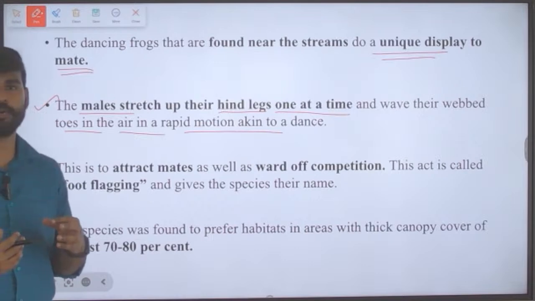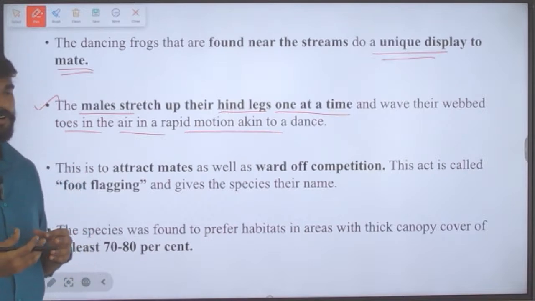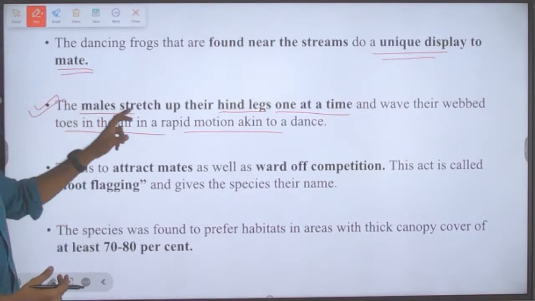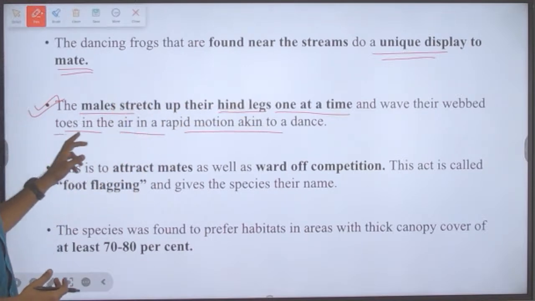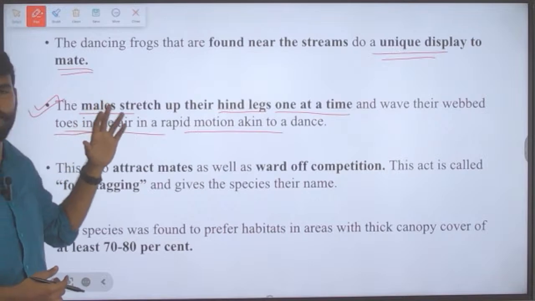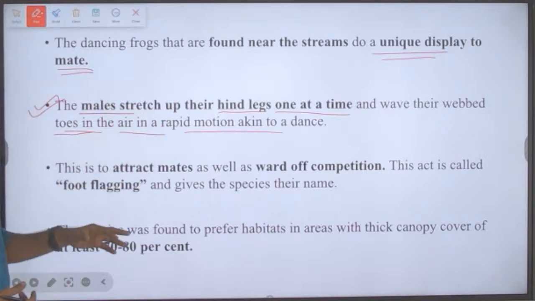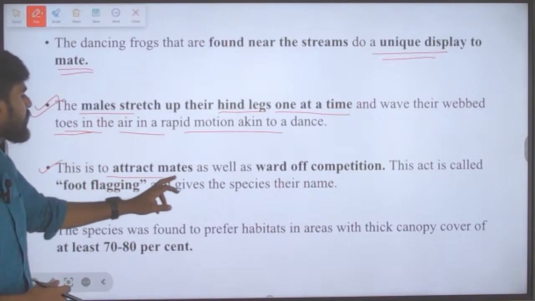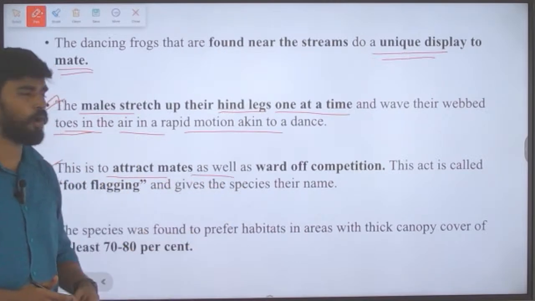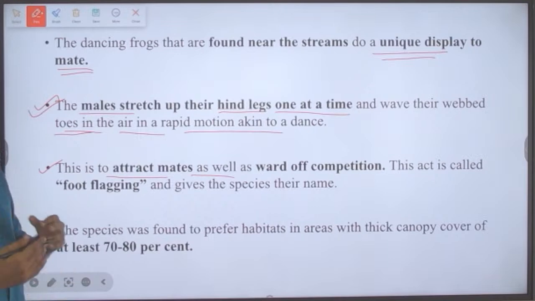That is why they are also called dancing frogs. I'll show you the picture of how it is done. This is to attract mates as well as to ward off the competition or rivals.